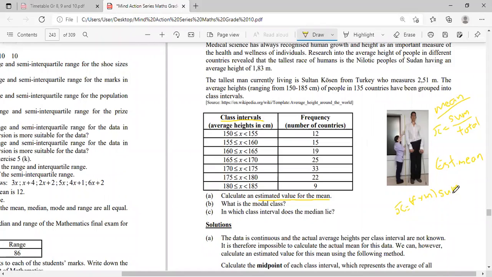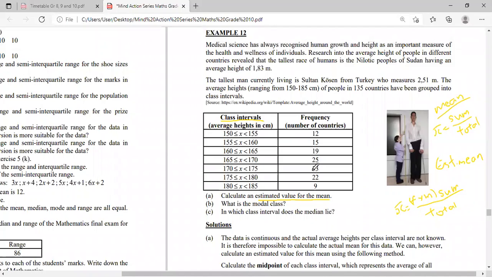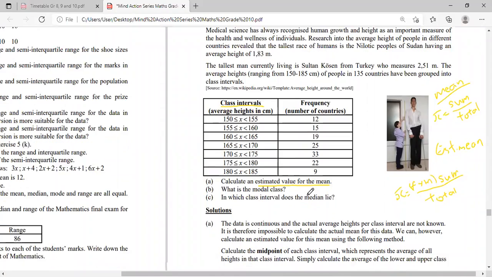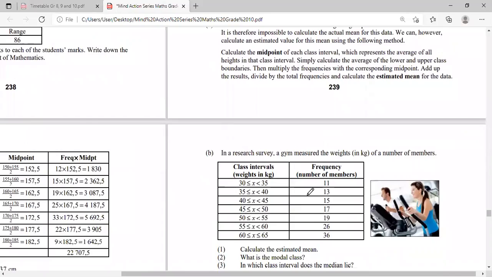I'm going to explain this. So in this example right here, for the estimated mean, this is what you do.